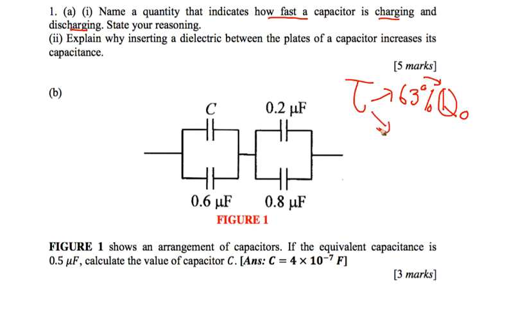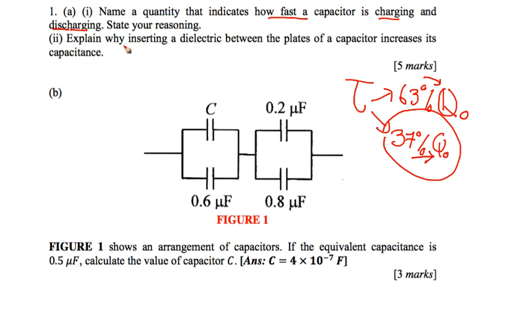Or you can refer to the discharging process, where 37% of the Q naught, meaning the charge flowing out of the capacitor during discharging, is 37% of the maximum Q naught, right?